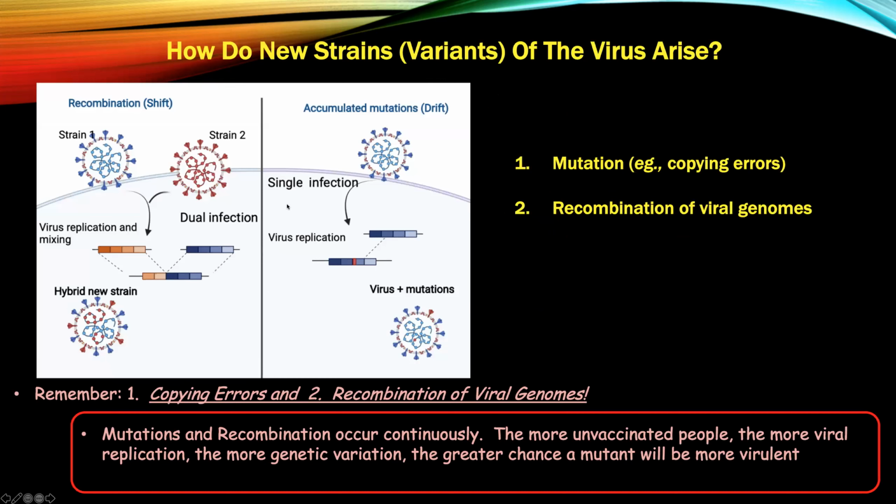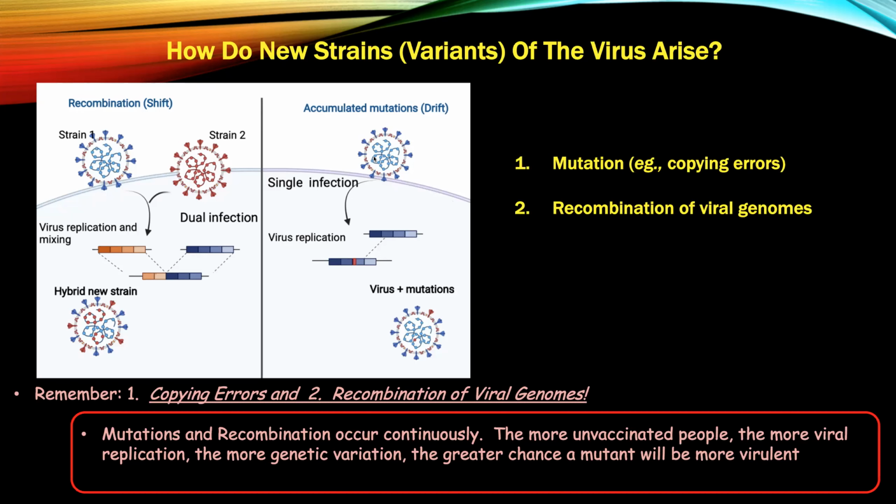All right. Now, the thing that we worry about most is new strains. They're called variants. Well, how do new strains arise? There are two main ways. One is mutation, and the other is recombination. They're illustrated in these two pictures.